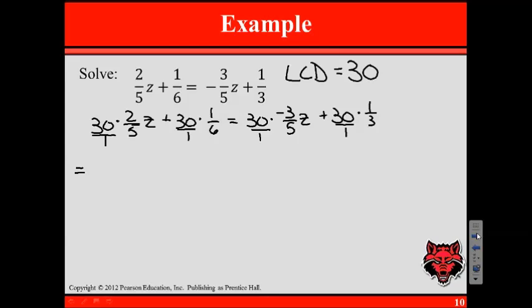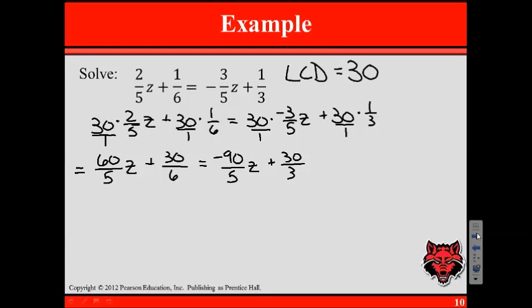So we start with 30 times 2 is 60, over 1 times 5 is 5, z plus 30 over 6, again multiplying numerators and multiplying denominators, equals negative 90 over 5 z plus 30 over 3. Now the nice thing about multiplying every term by the LCD is once we simplify each fraction, we will have nothing but integers.